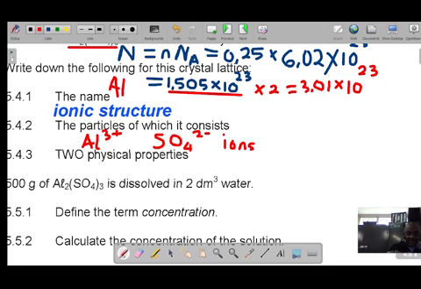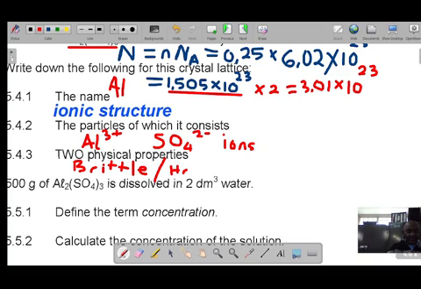Okay, now they ask for two properties of such a lattice. They are very brittle. So one property is that it's brittle. And they are also hard.